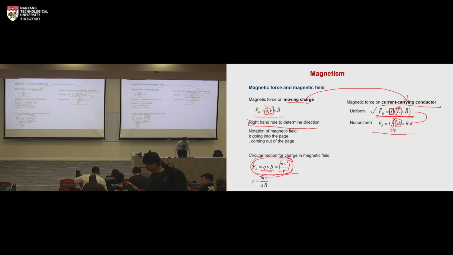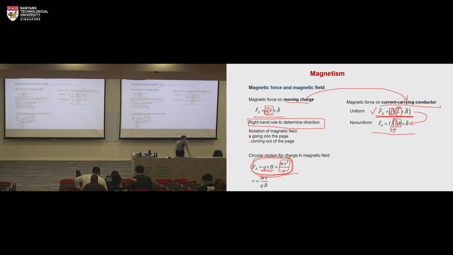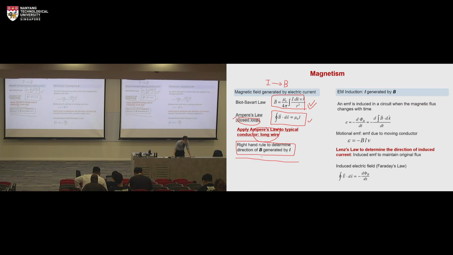So we only have these two types of right-hand rule to determine a certain direction. This one is about the magnetic force, and this one is about the direction of magnetic field B due to I. So this is the generation of magnetic field B.